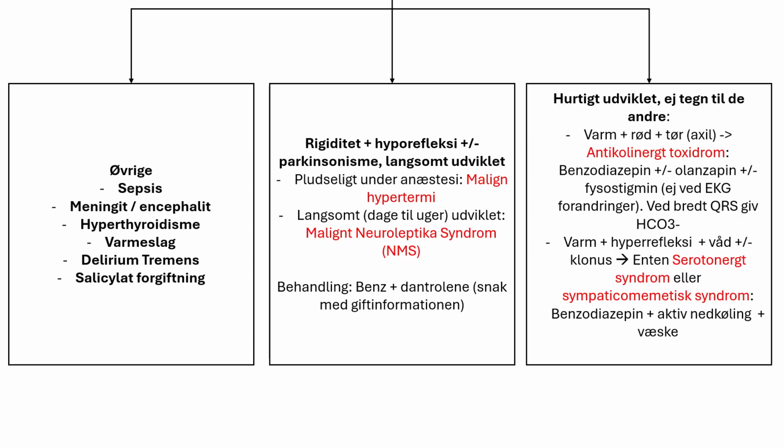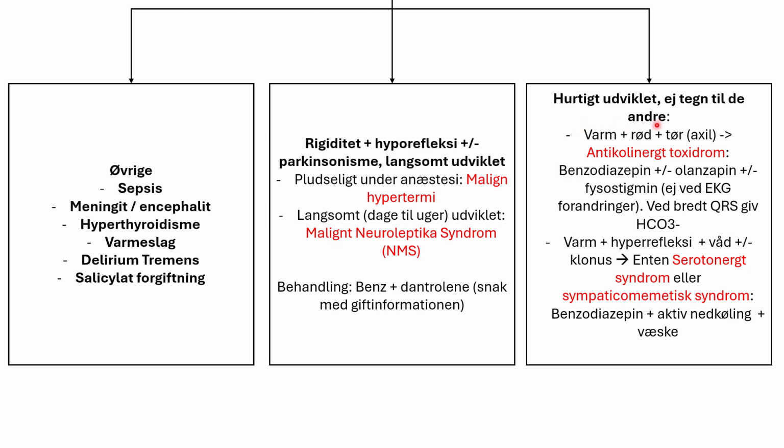If they're rigid and hyporeflexive, or more Parkinsonistic and slowly developed, then it might be malignant hyperthermia, rarely, but more likely it would be NMS, neuroleptic malignant syndrome. These need specific treatments, benzos, and so on. So this is an example of both a generic treatment and a more advanced specific treatment for specific syndromes once I've gathered all of the data.